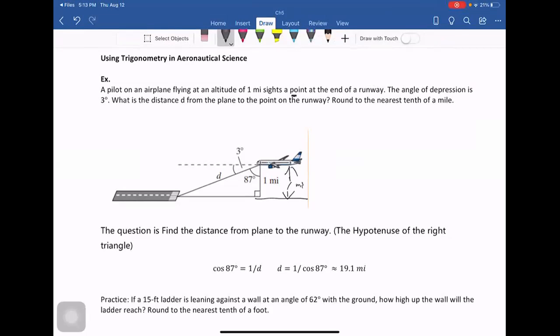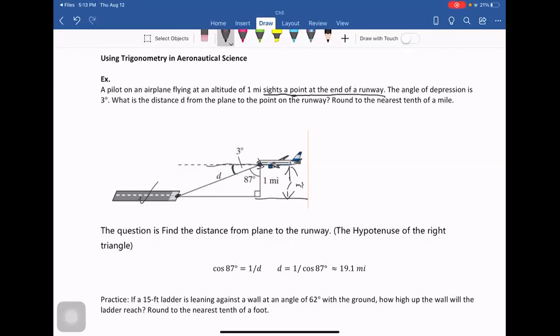This is a runway. Because they said sights a point at the end of the runway. Where is that point? It is here. The angle of depression is 3 degrees. So your eye is here, and the depression from the horizon downward is 3 degrees.